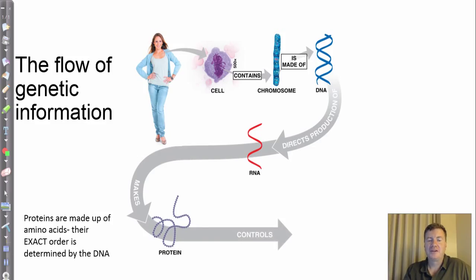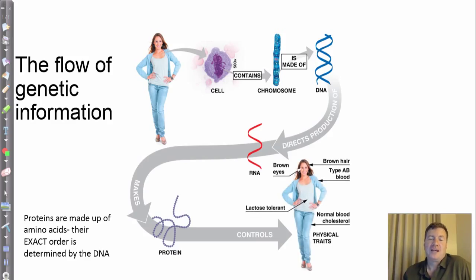The protein that we get, it's a little hard to see, but these are individual dots. Those dots are actually amino acids, and there's 20 different amino acids. What DNA does is DNA tells RNA, this is the version I want you to go into the cytoplasm with, and then in a process, the translation process, the RNA is going to be read, and then the exact order of amino acids is going to be put together to make a protein, and the proteins, again, are going to be traits.